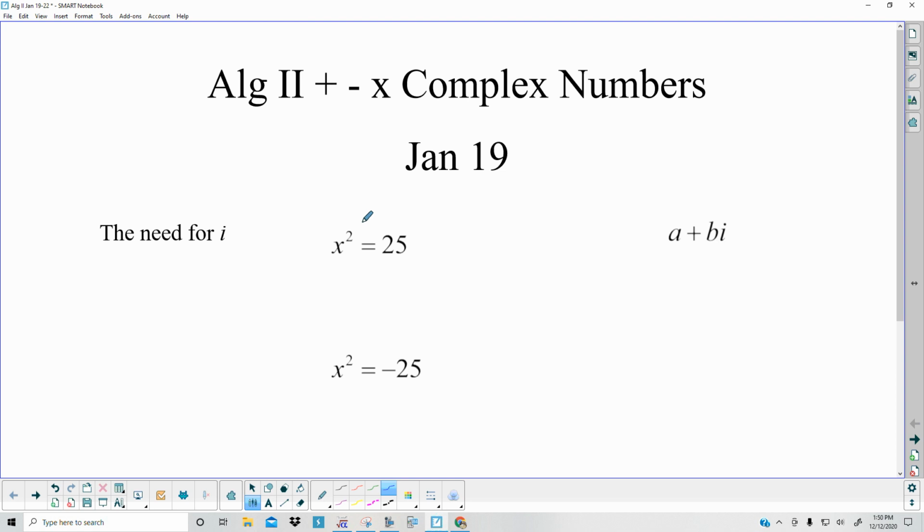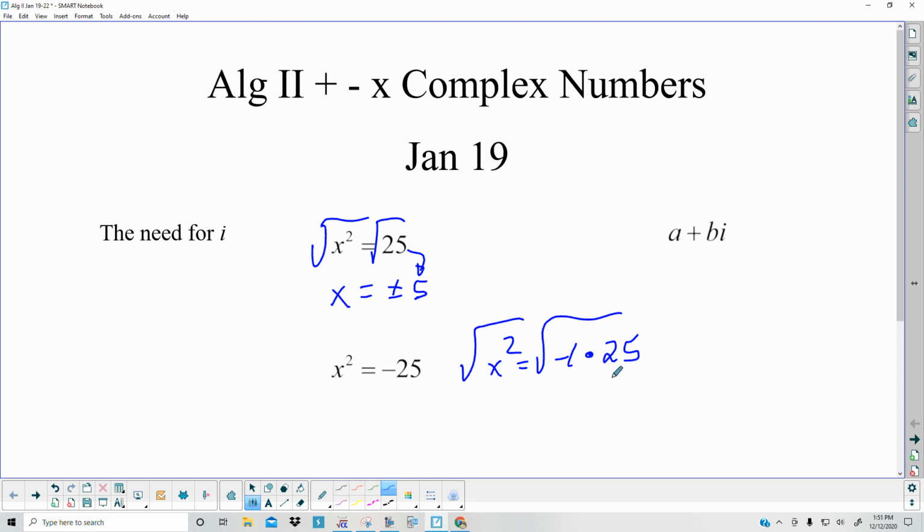If it was this question, you guys could just square root both sides, and you get x equals a positive and a negative 5, because that's the square root of 25. If I could turn this into x squared is equal to negative 1 times 25, when we square root, we know what the answer to this is.